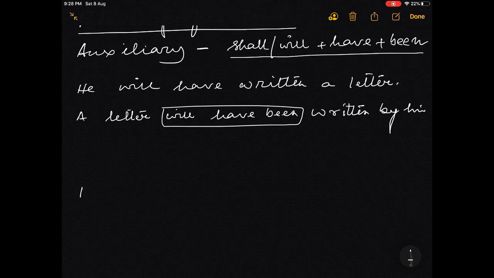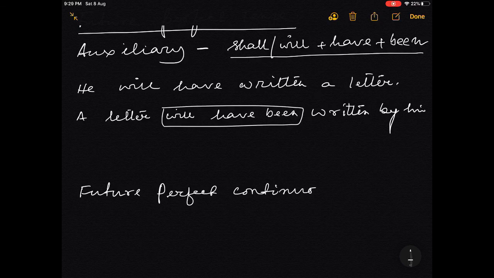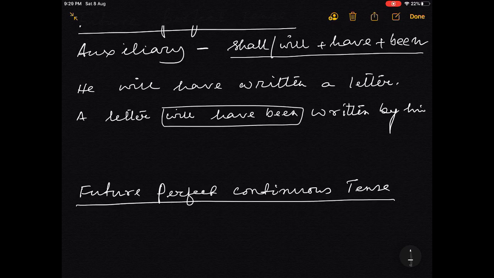The last one. Future perfect continuous tense. Auxiliary: what is auxiliary?